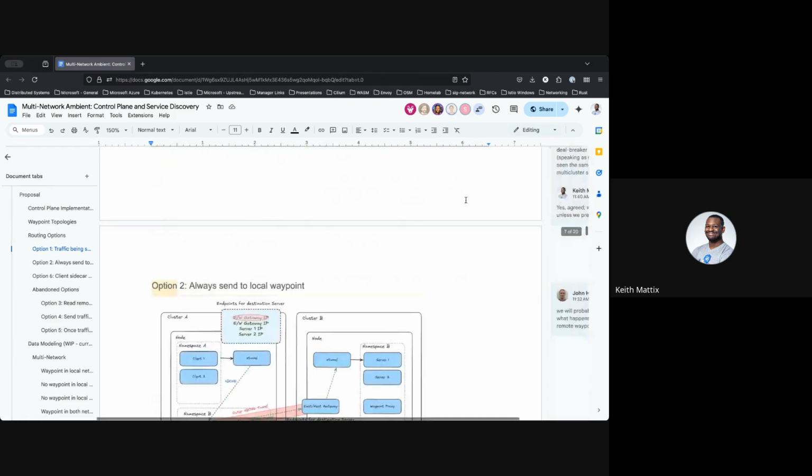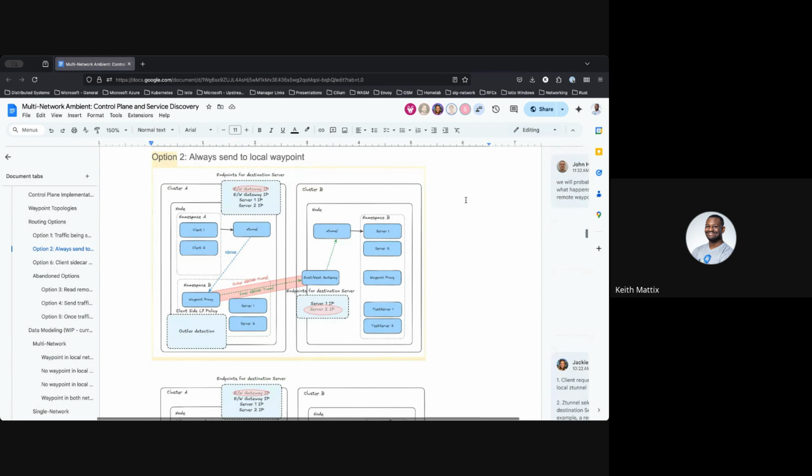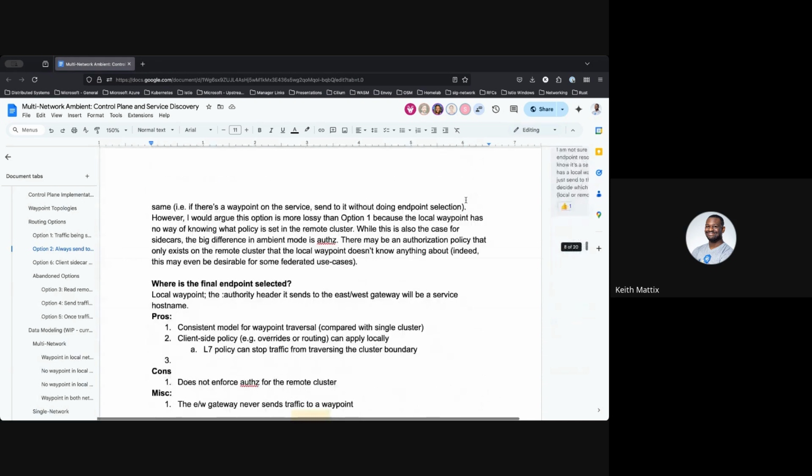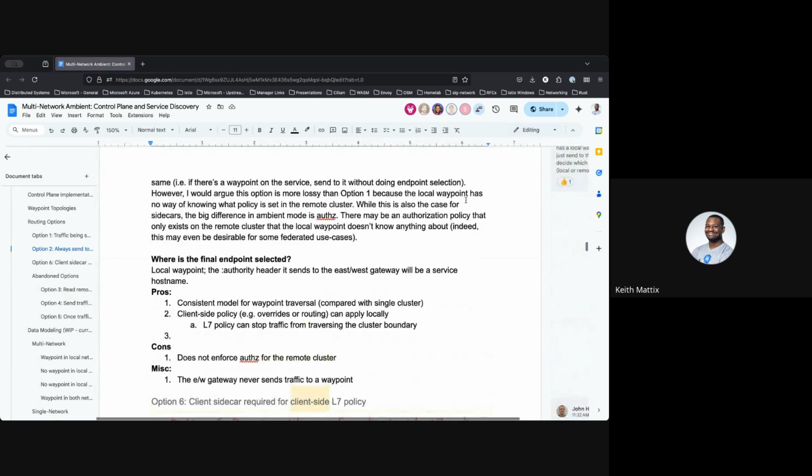The other option that we have, for completeness' sake, is always going into the local waypoint. And the big issue here is that the local waypoint can't know about policy in the remote cluster. And John has this in the comment, but look, this is the same issue for sidecars. But the big difference with ambient versus sidecars is authz policy.